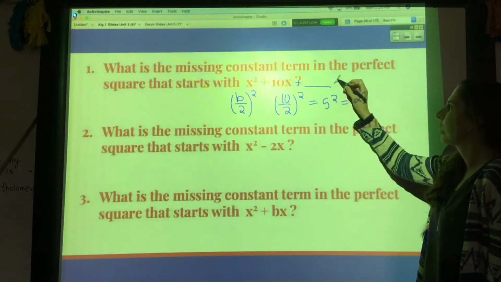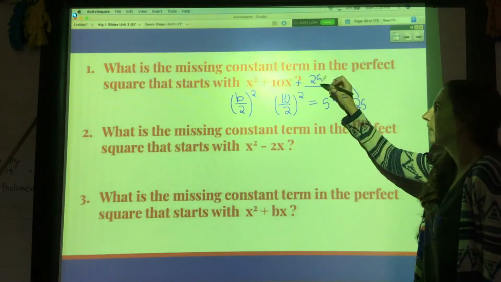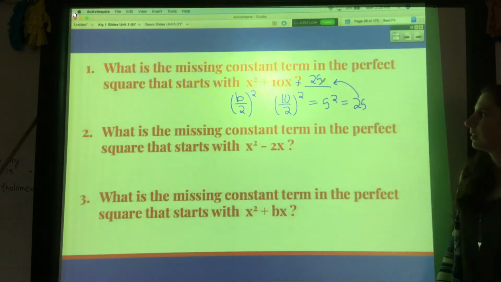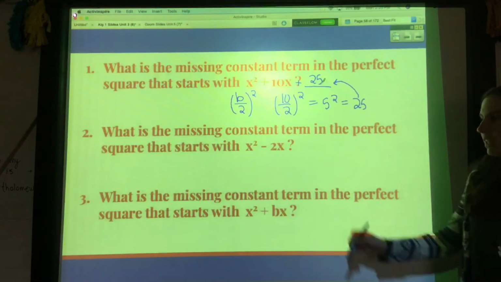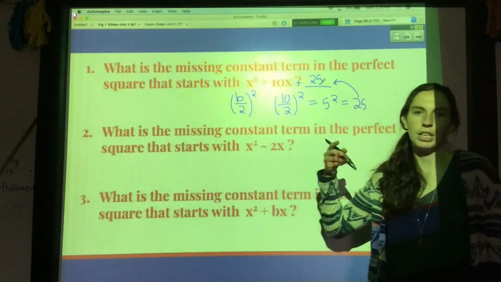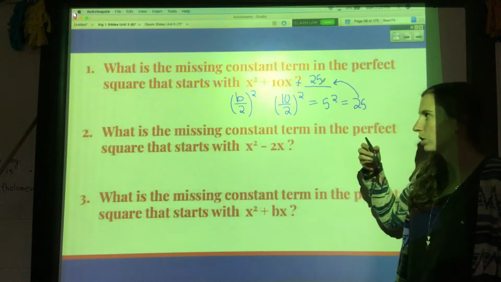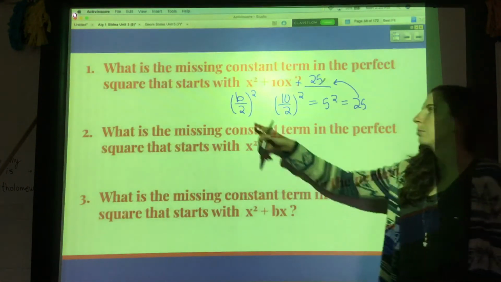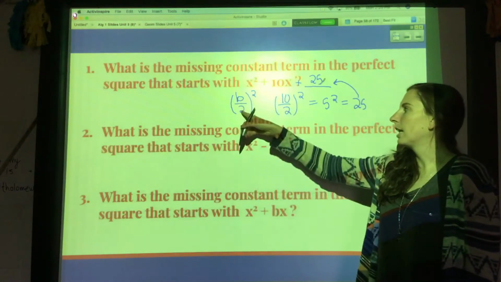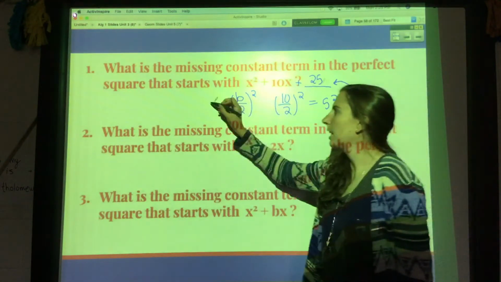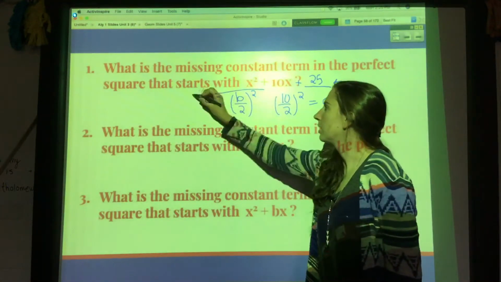So that's what I'm going to add in right here to make this a perfect square trinomial. You'll see why this is helpful in a second. This formula is not on your formula sheet. You're going to have to actually memorize this one, unfortunately. But you always take the middle term, which we call b, like a, b, c, cut it in half, and then square it. And that's what your new constant is going to be.